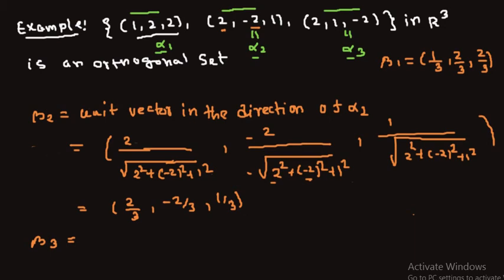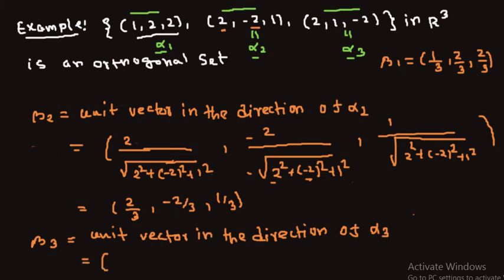So over here, beta 3 is the unit vector. Let me write: beta 3 be the unit vector in the direction of the vector alpha 3. Again we just divide by the quantity over here. I think we have run out of page, but let me write.